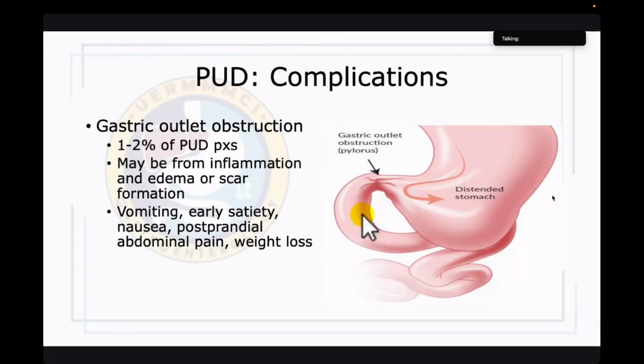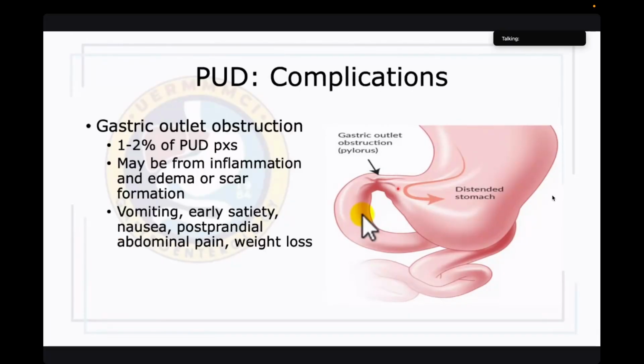Gastric outlet obstruction occurs in 1 to 2% of patients with peptic ulcer disease. Ulcers can cause gastric outlet obstruction if there is inflammation and edema in the peripyloric channel or duodenal region. If this is due to acute inflammation or edema, this can be treated medically.